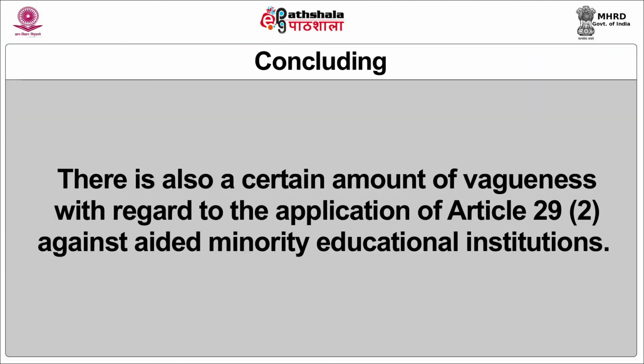There is a fear that if the state government does not exercise utmost care and sensitivity in this matter, they could seriously undermine the rights of the minorities to establish and administer their own educational institutions as guaranteed by Article 30. There is also a certain amount of vagueness with regard to the application of Article 29(2) against aided minority educational institutions.